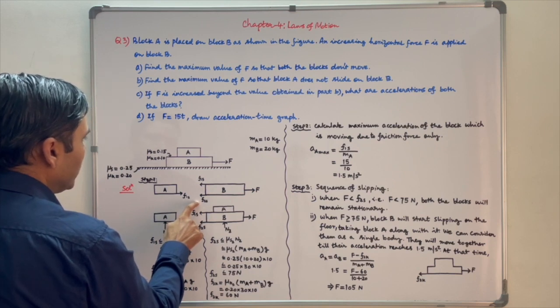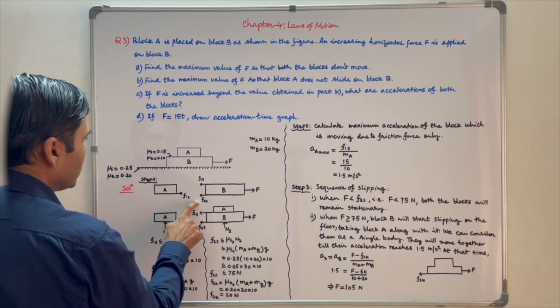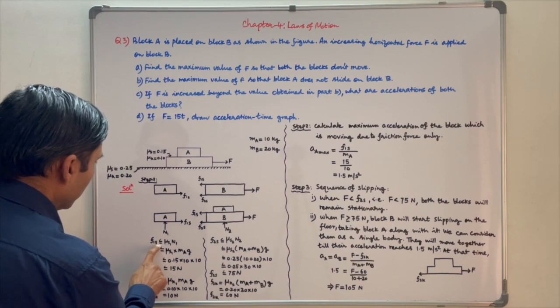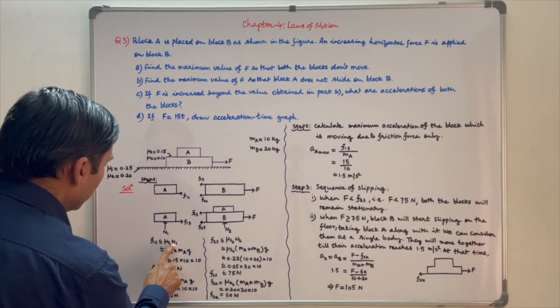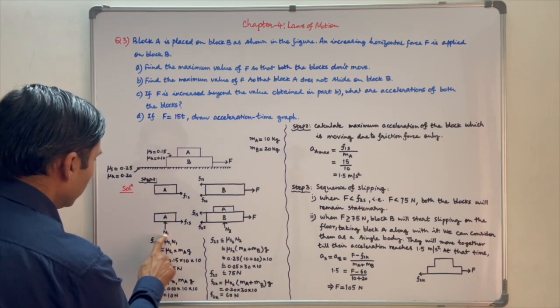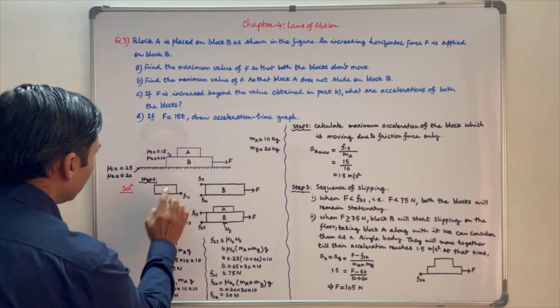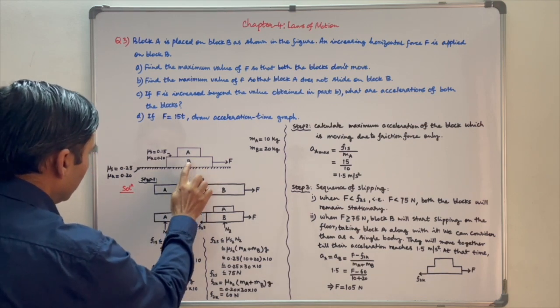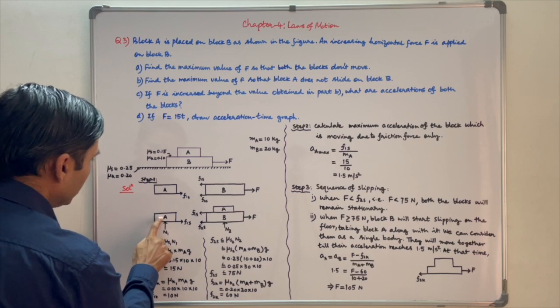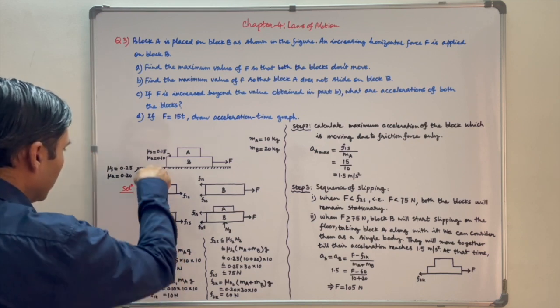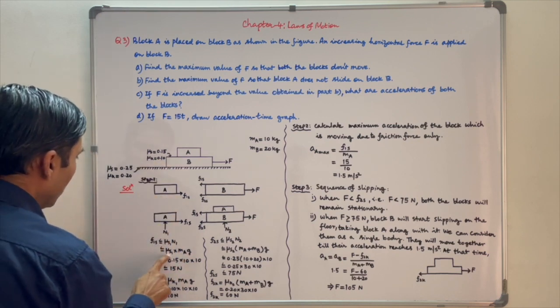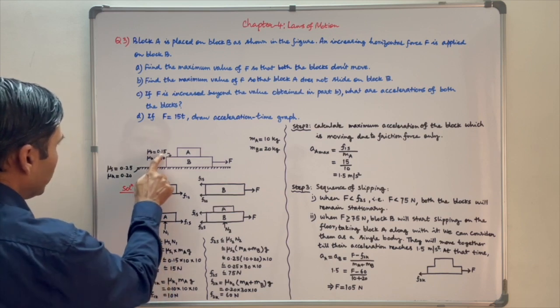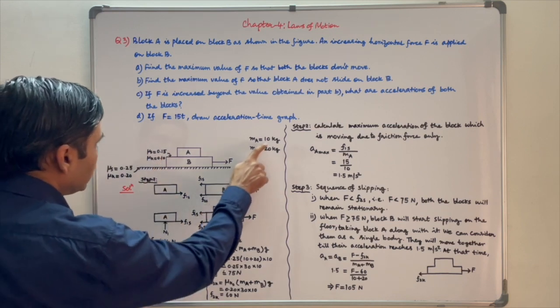Next, we will calculate magnitude of friction forces. F1S is less than or equal to mu S1 into N1. N1 is the normal reaction that will work vertically upwards on this contact surface. N1 is equal to Ma into g, that will work vertically downwards. Value of mu S1 is given as 0.15. Ma is given as 10 kg.